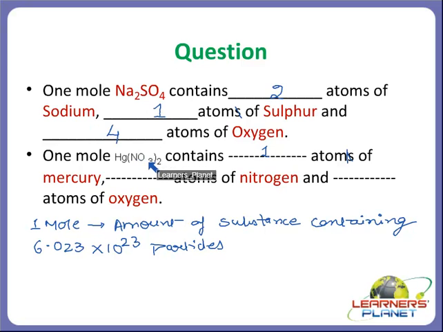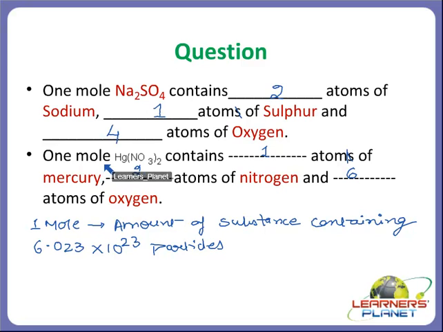Dash atoms of nitrogen. So how many atoms of nitrogen are here? It is 1 multiplied by 2, that is 2. So I will write 2. Clear? How many atoms of oxygen are there? 3 multiplied by 2, that is 6.